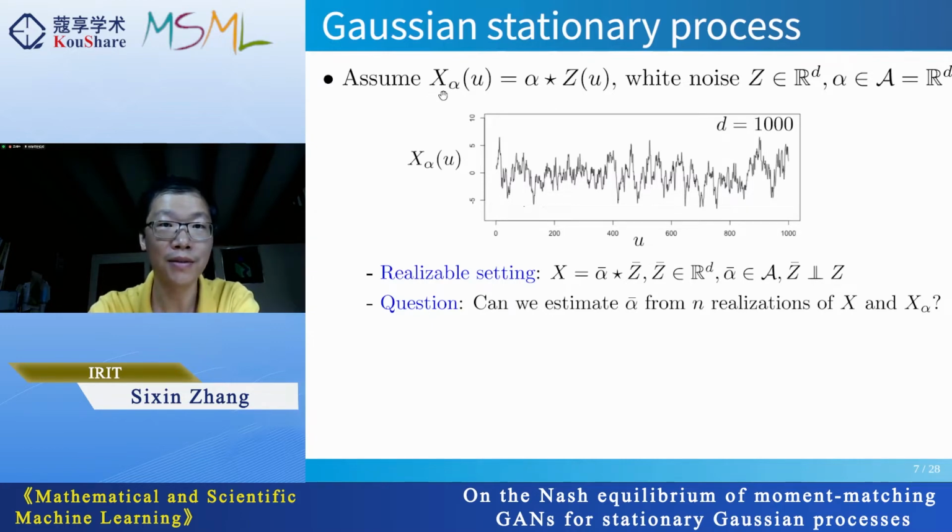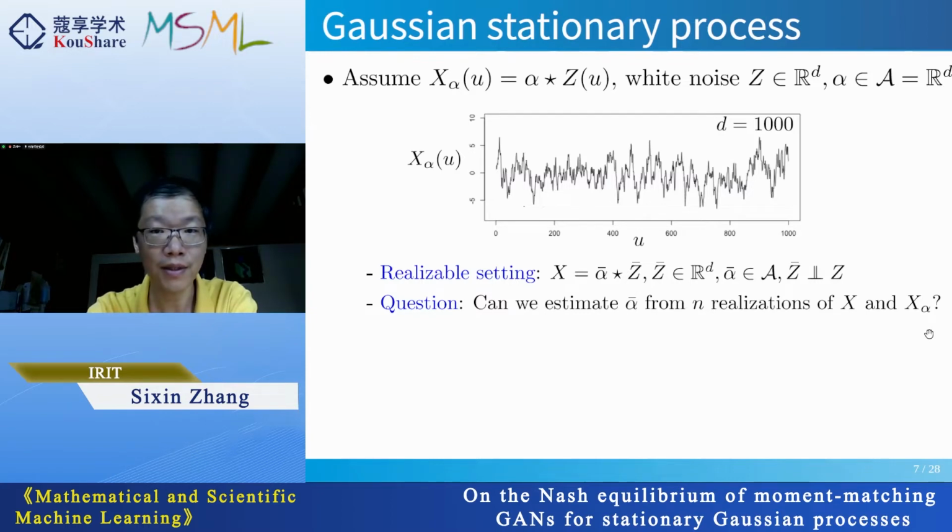So this is a convolution between a filter alpha and a white noise Z in some finite dimensional setting. And the realizable setting means that X, the true ground truth process, is generated by another parameter alpha bar convolved with another independent white noise Z bar. And the question is, can we estimate alpha bar from n realizations of X and X alpha?